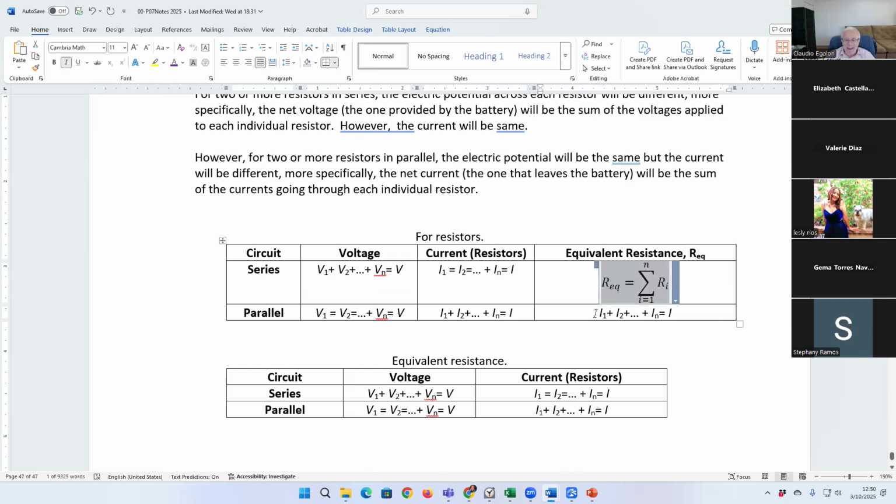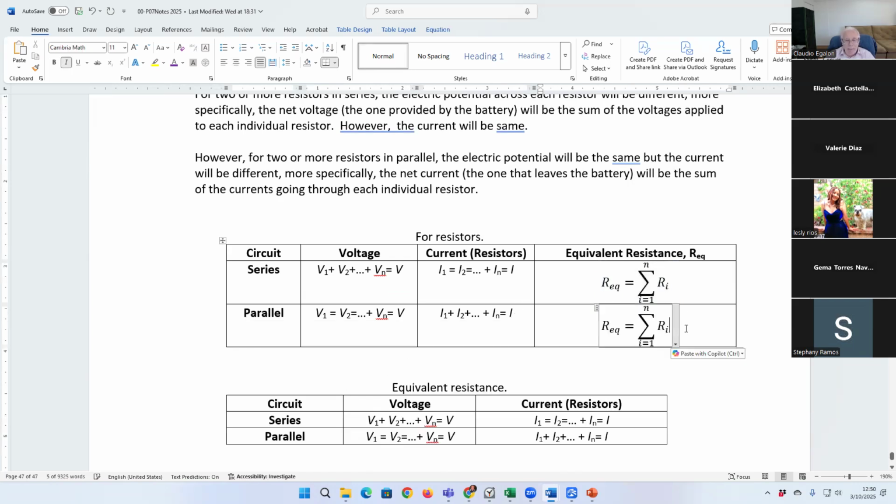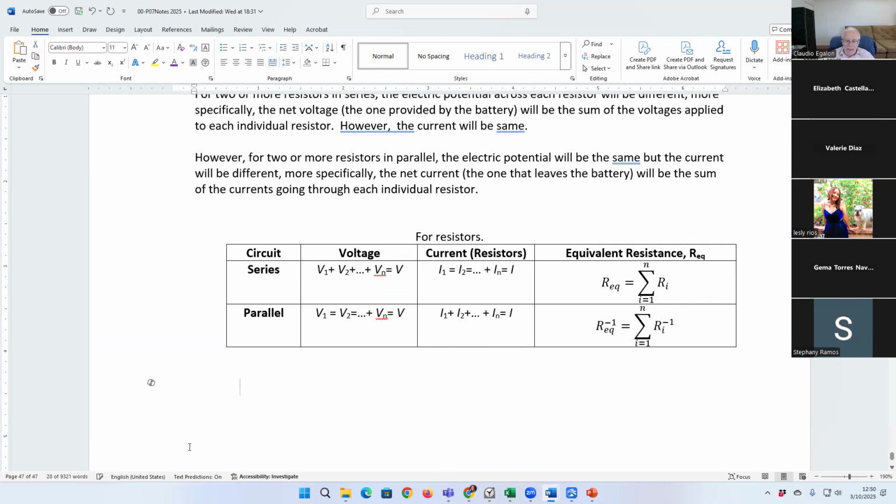The inverse is exactly the mathematical equation for the inverse, and that can be proven using Ohm's law. The inverse of the equivalent resistance must be equal to the summation of the inverse of each resistance separately.